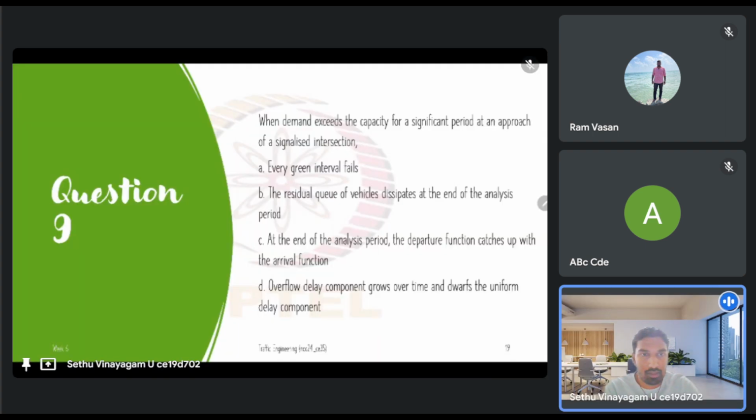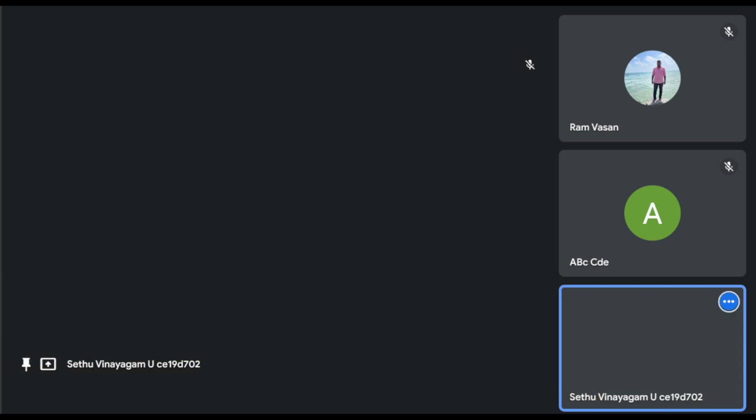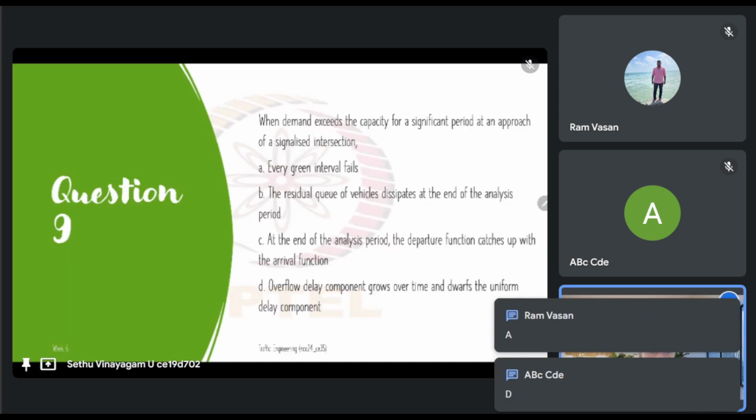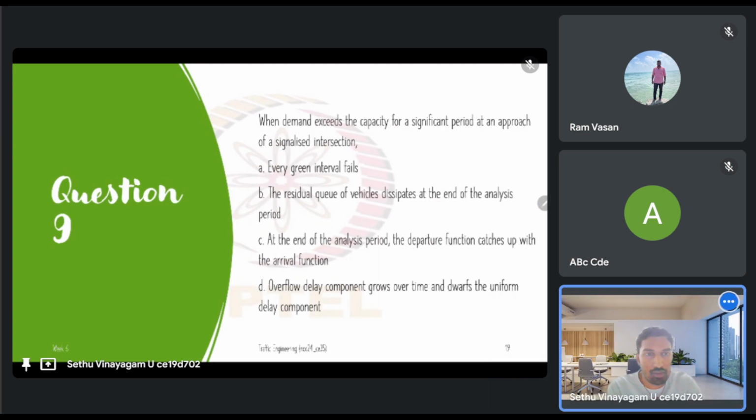Okay, option A. Two votes for option A and one for option D. Any other options that may be correct?